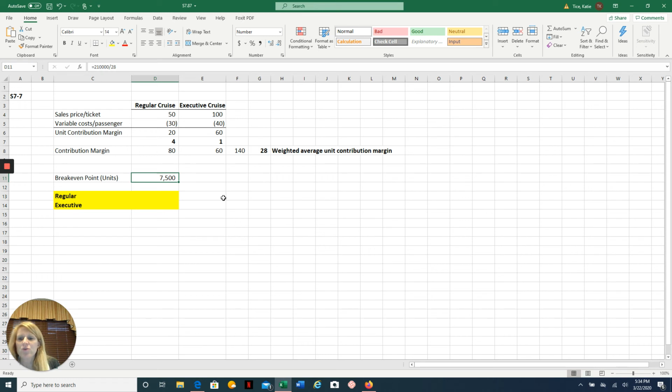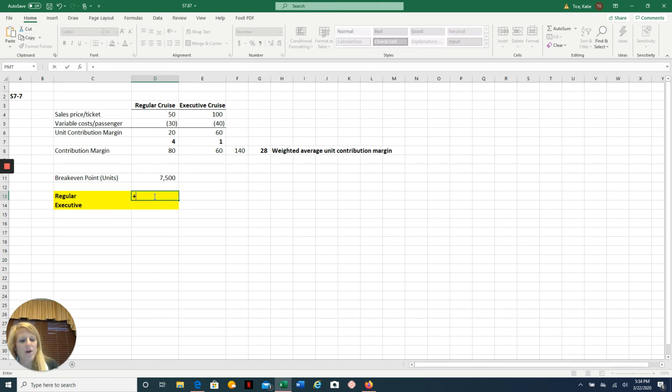Now, you're actually not done there because that's a total. That's 7,500 total cruises to break even. But we need to figure out how many of those will be regular cruises, how many will be executive cruises. And that's where we go back and look at our sales mix.